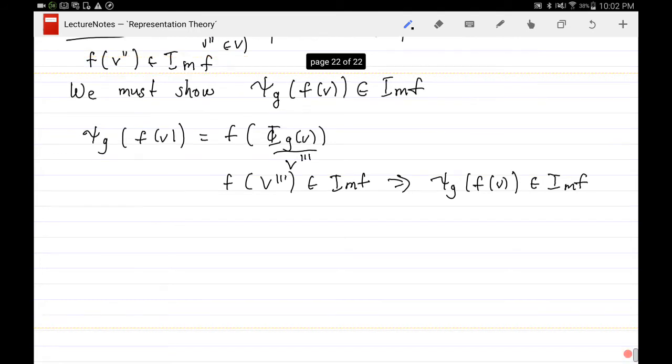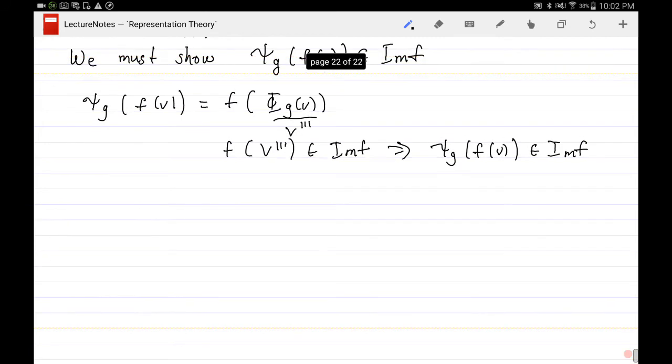There are analogs of these theorems in group theory also. If I have a group homomorphism from a group G to H, the kernel of that homomorphism is a subgroup, and the image of that group homomorphism is a subgroup in H.